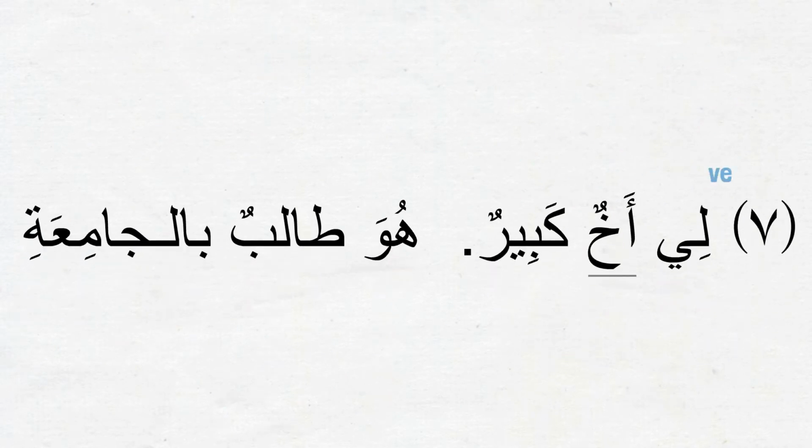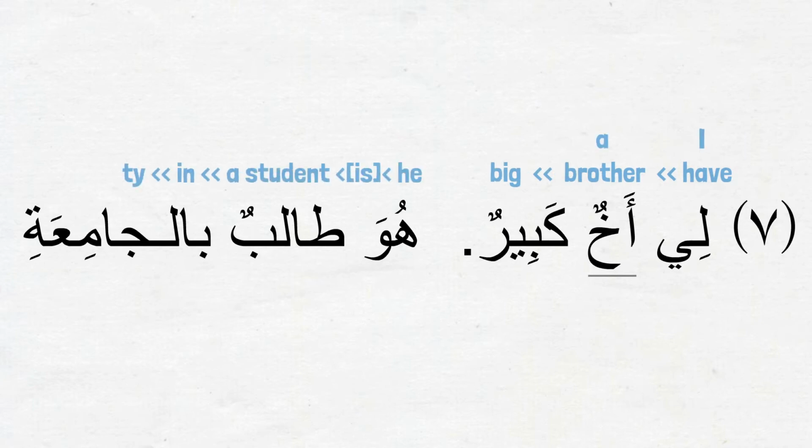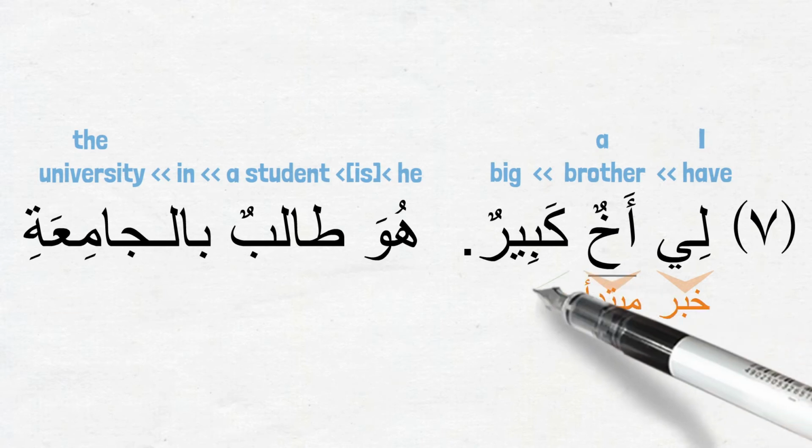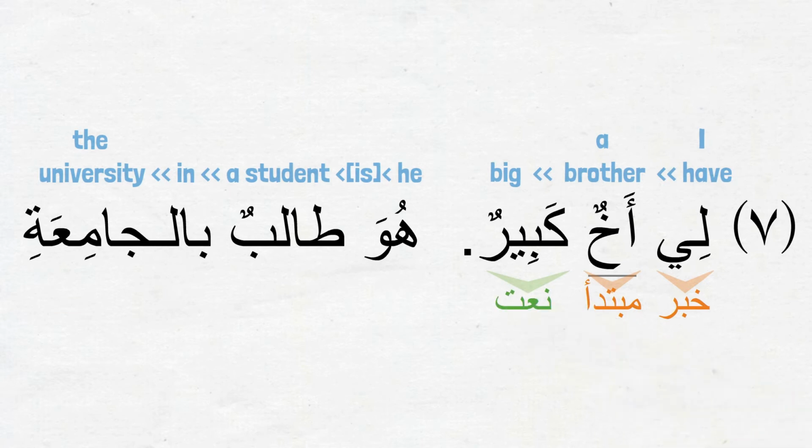Part 7. لي أخ كبير هو طالب بالجامعة. I have a big brother. He is a student in the university. Can you identify the مبتدأ and خبر of the first sentence here? Can لي function as the مبتدأ? No, right? Because we said before, مبتدأ has to be اسم مرفوع. It cannot be جار ومجرور like لي. لي is functioning as خبر مقدم, early خبر here. أخ is مبتدأ مؤخر or delayed مبتدأ. أخ كبير is a منعوت and نعت combination.